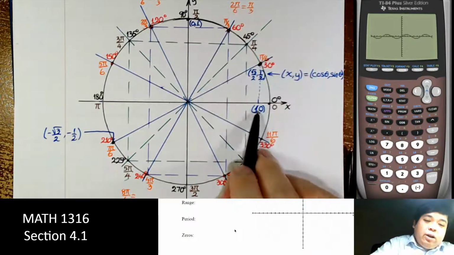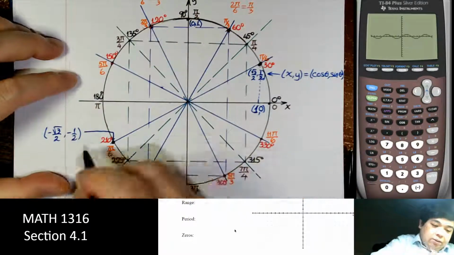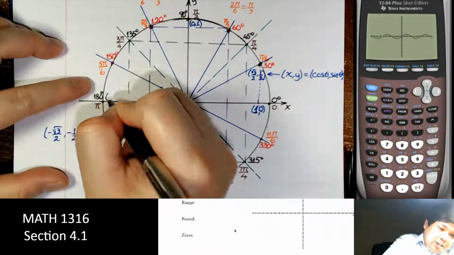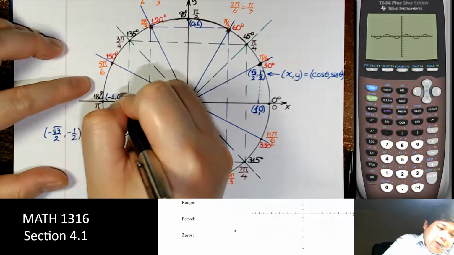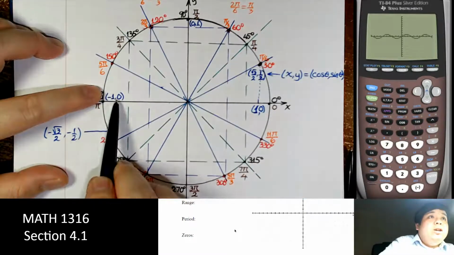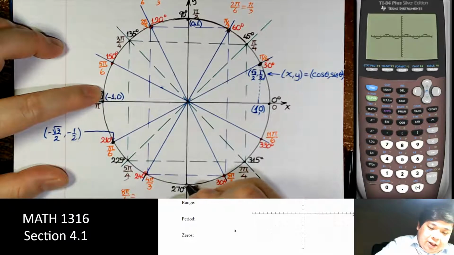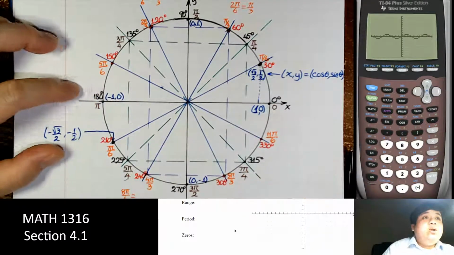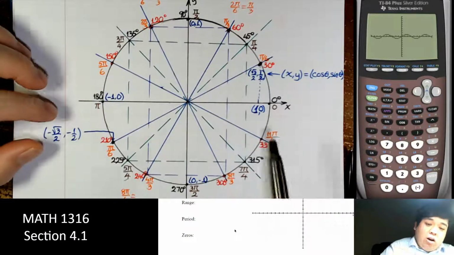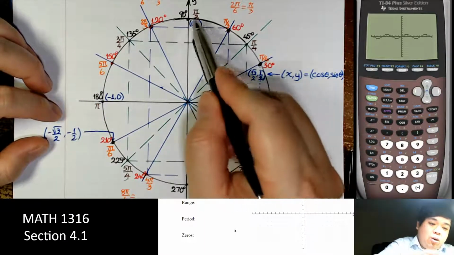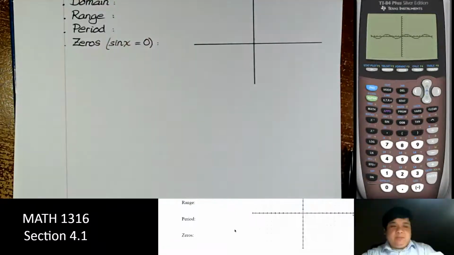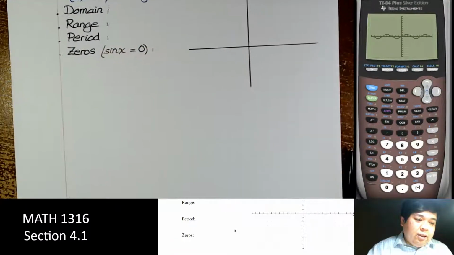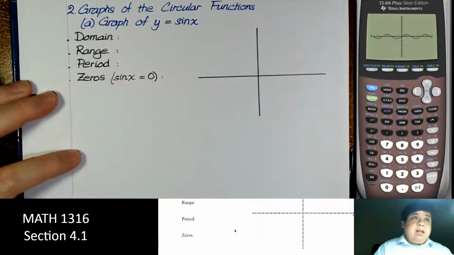So we have 0, 1, back to 0, and then 0, negative 1. So the sine function is the y values 0, 1, 0, and negative 1, right? And now let's just fill this in.